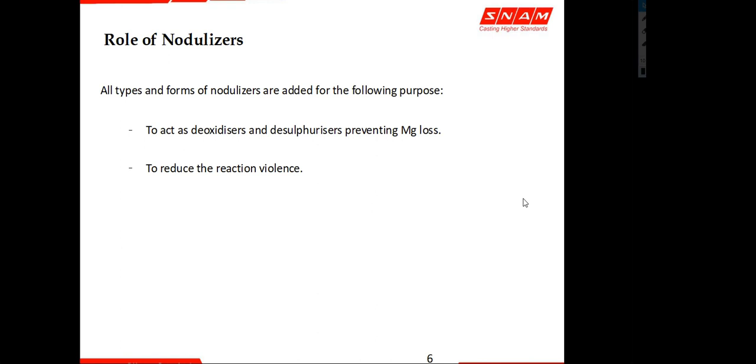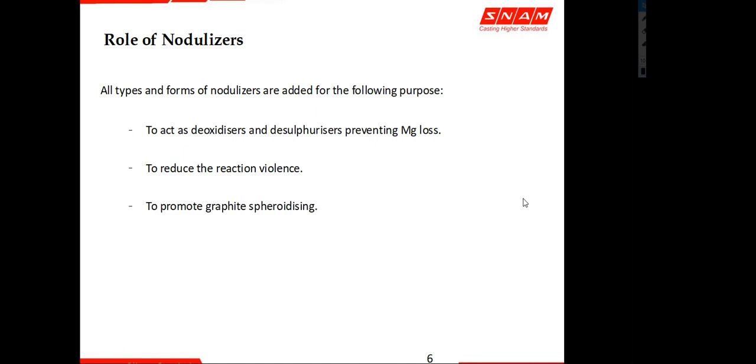When this reaction happens, it starts bubbling, increasing the entropy and the violence of the treatment. It gives away a lot of fumes, and then metal starts splashing out. So reaction violence is a dangerous thing for operations as well as on the metallurgical front. Reaction violence due to magnesium treatment is to be reduced.